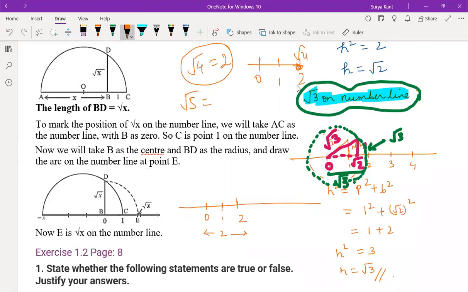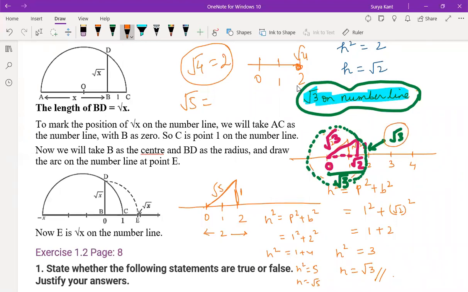So at 2, you just draw one line here, 1 centimeter. So what do you get? Same, you can write here, h square is equal to p square plus b square. So this is nothing but 1 square plus 2 square. So you get 1 plus 4, that is h square is equal to 5. So h is equal to root of 5. This is nothing but root of 5. This is an extension of the previous one.